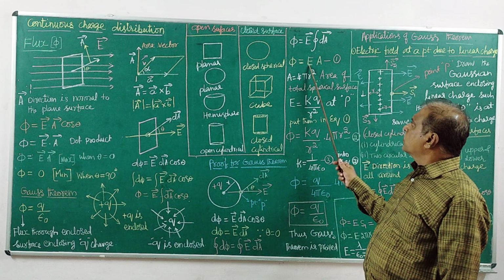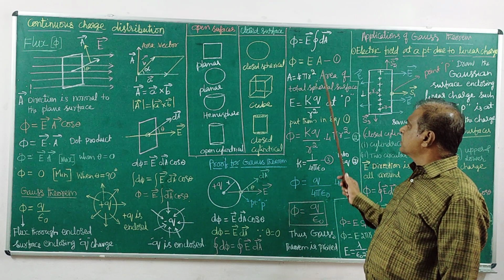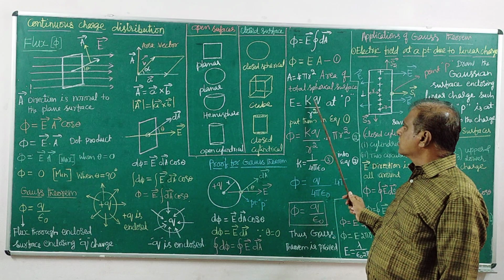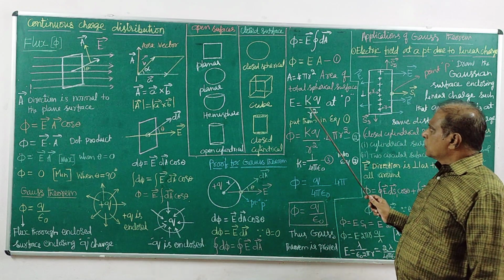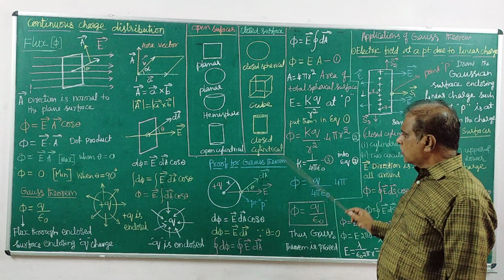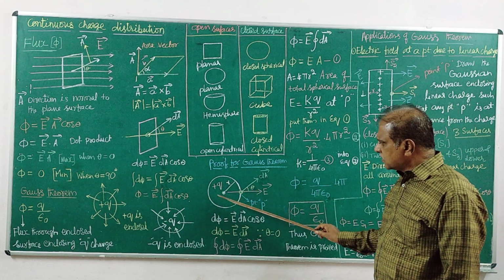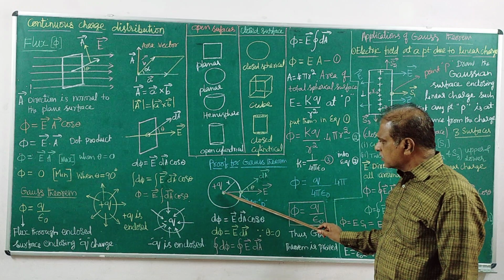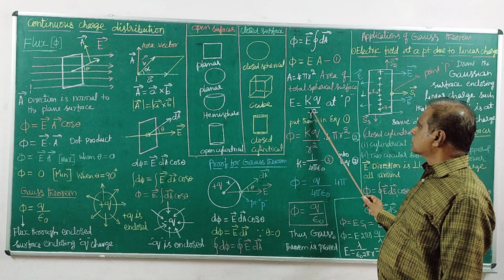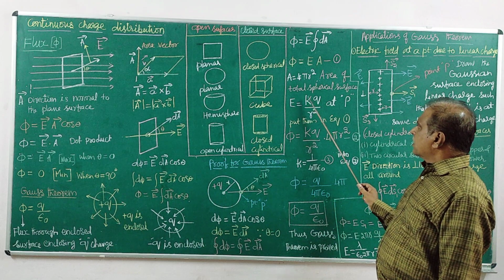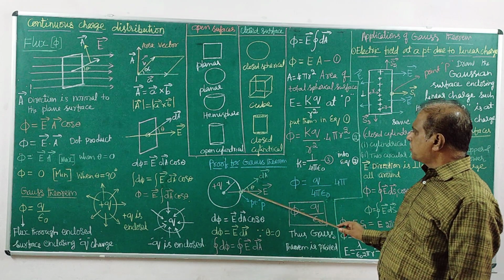And for E at any point, just recall the definition: E equals Coulomb's constant times Q, the amount of charge enclosed, concentrated at the center, divided by r², the distance squared.